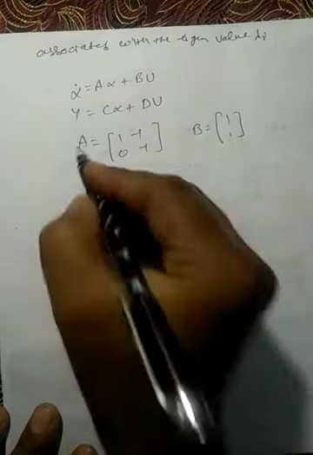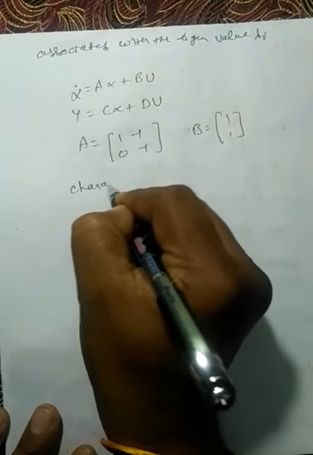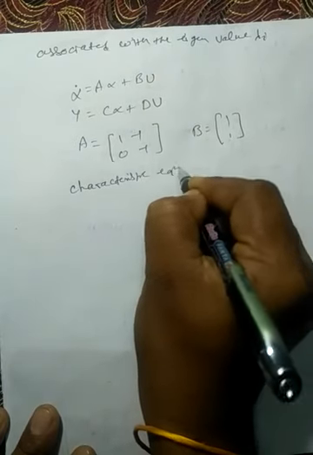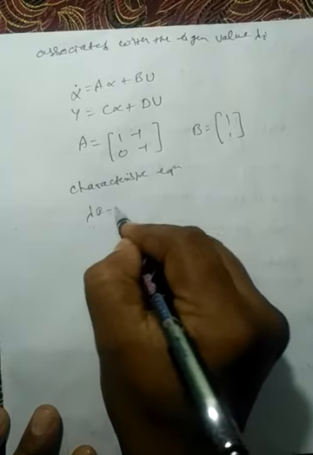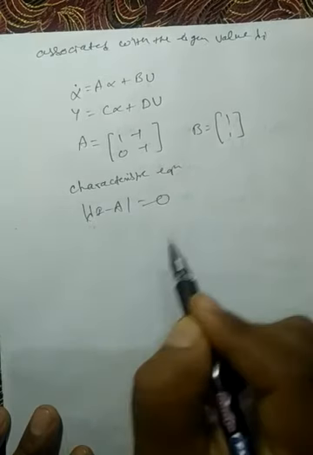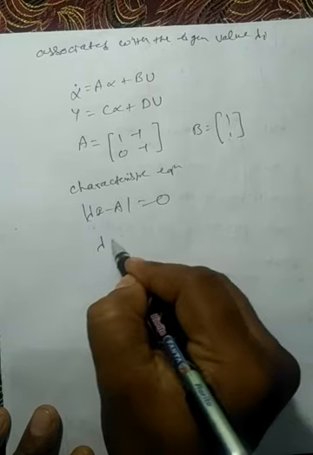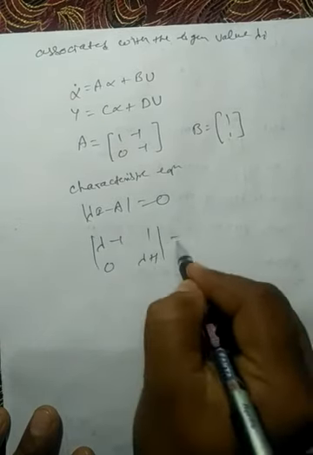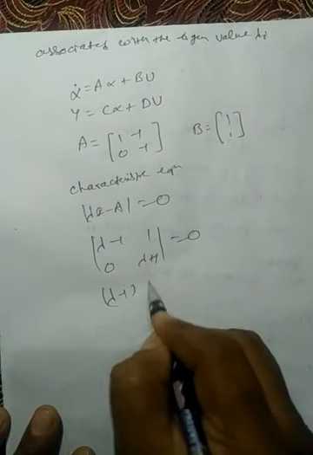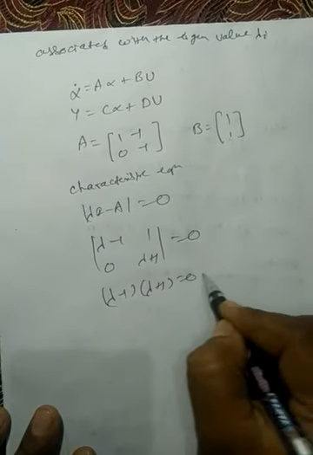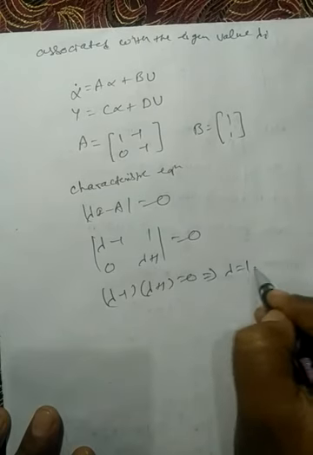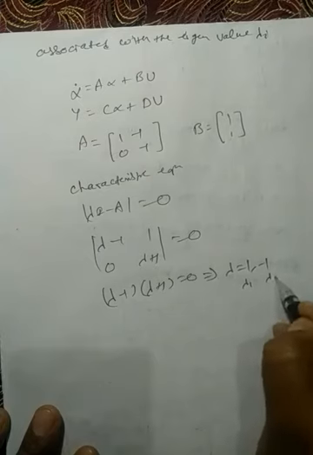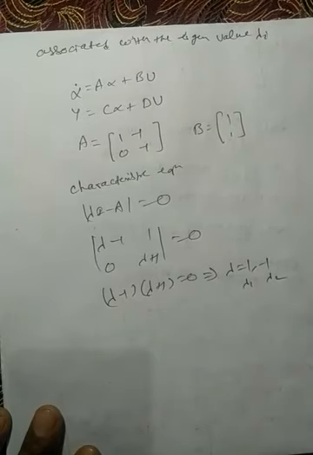So characteristic equation, determinant of lambda I minus A is equal to 0, will be lambda minus 1, 1, 0, lambda plus 1 is equal to 0, or (lambda minus 1)(lambda plus 1) is equal to 0, and the solution of this equation is lambda is equal to 1 and minus 1. This one is lambda 1, this one is lambda 2, right?